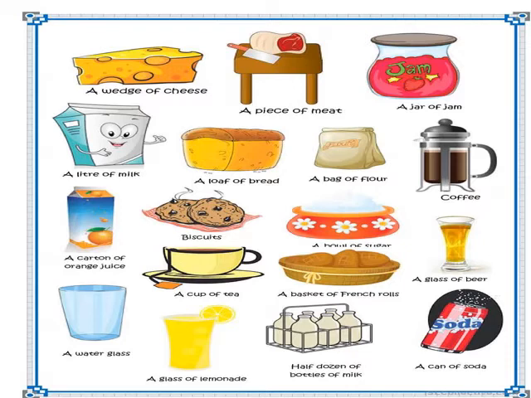A wedge of cheese, a piece of meat, a jar of jam, a liter of milk, a loaf of bread, a bag of flour, coffee, a carton of orange juice, biscuits, a bowl of sugar, a glass of beer, a basket of French rolls, a glass of lemonade, a water glass, half a dozen bottles of milk, a can of soda.